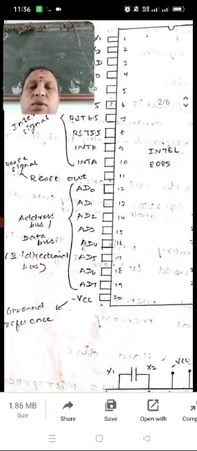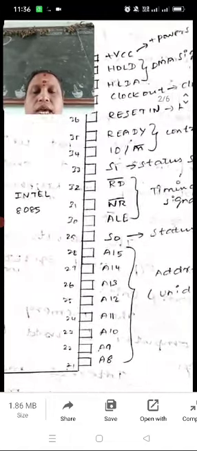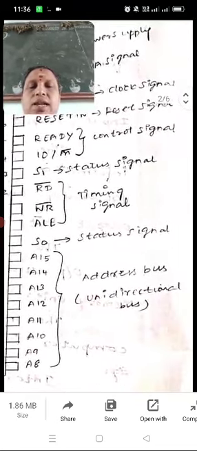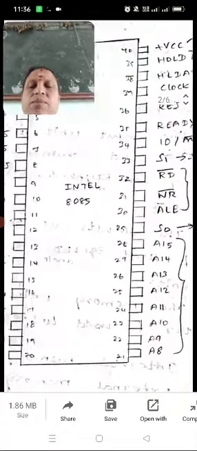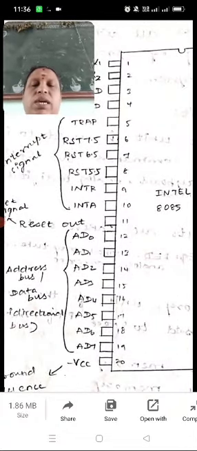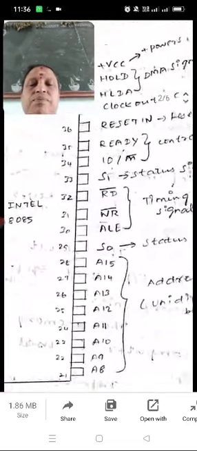Then pin 20 is minus VCC, the ground reference signal, and pins 21 onward, A8 to A15, are the address bus. The address bus signals are unidirectional, and AD7 to AD0 is the bidirectional bus.